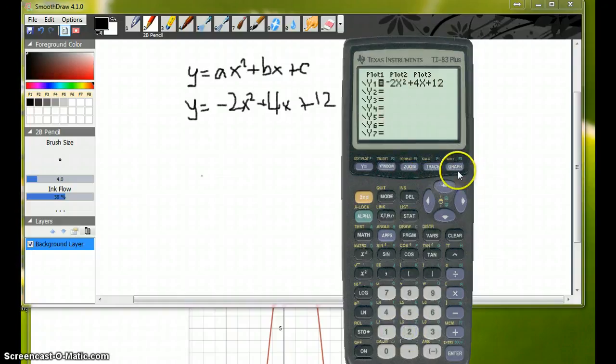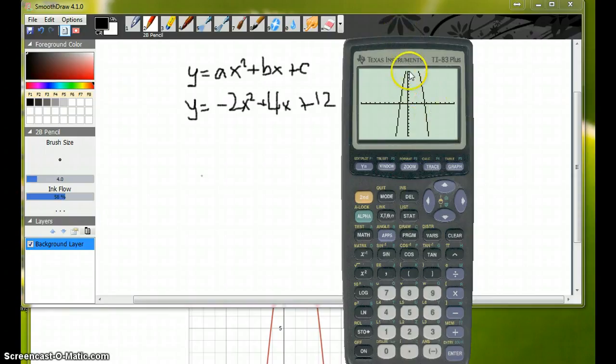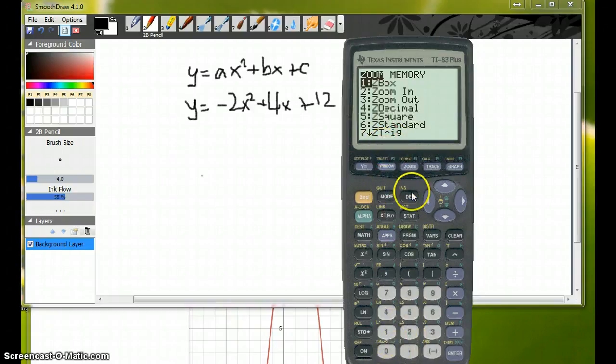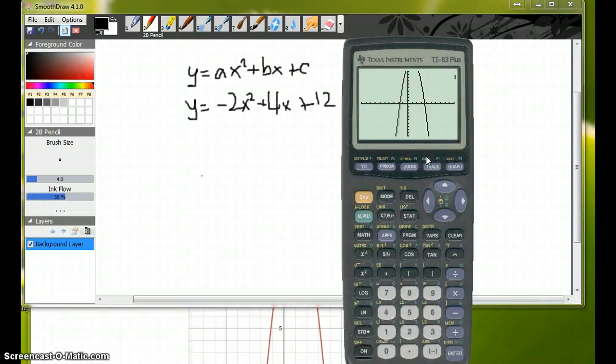So in the calculator you can graph this. As you can see, I can't see the top, but I can zoom and press 0. This is zoom fit, and it'll regraph it.